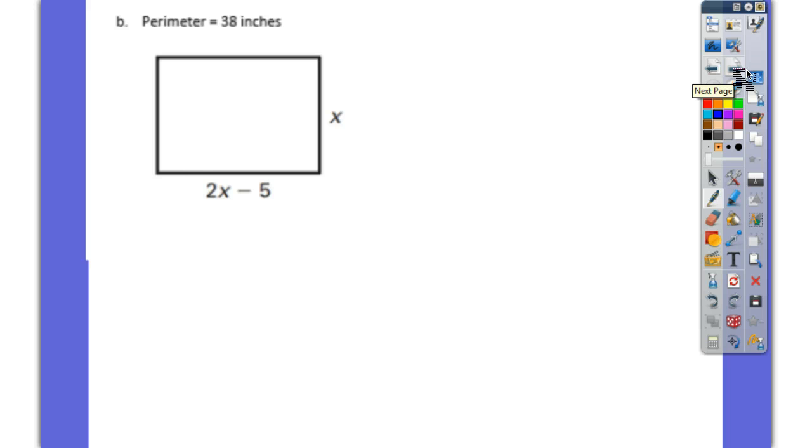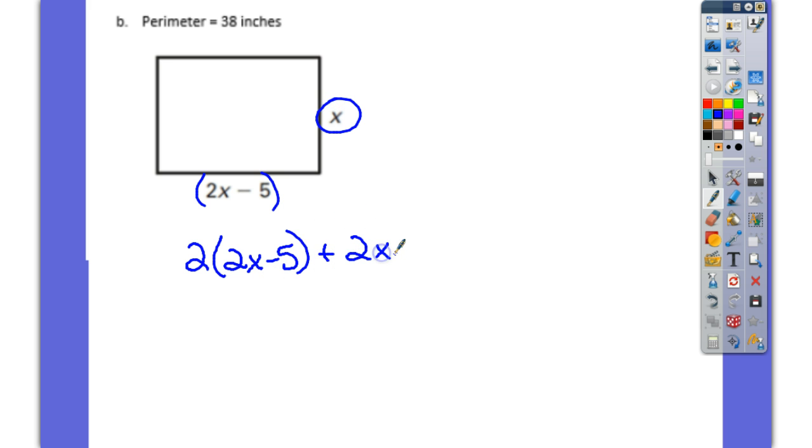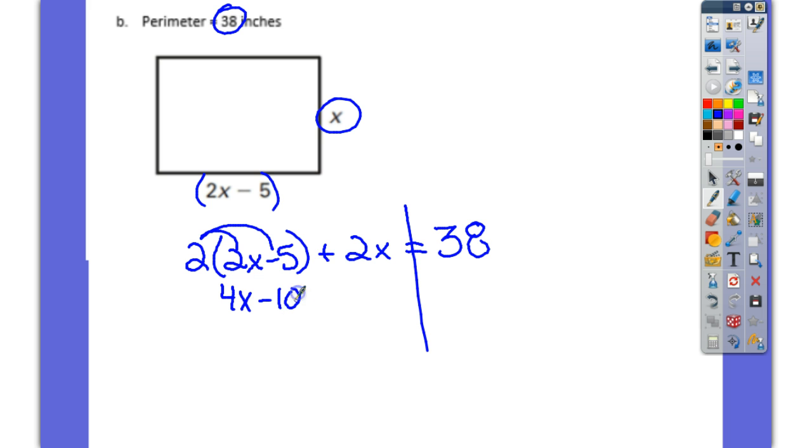So the same would be here. It's easiest just to do the distributive property. 2 times 2x minus 5 plus 2 times the length equals 38. Here, 4x minus 10, bring this down, plus 2x equals 38.